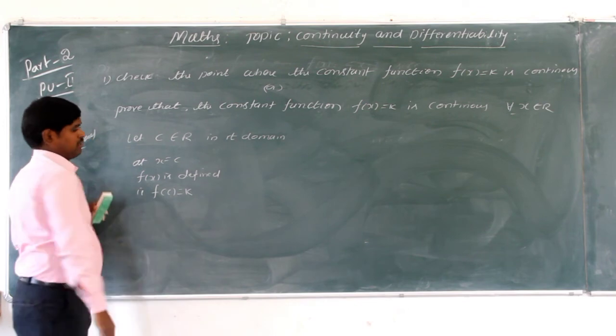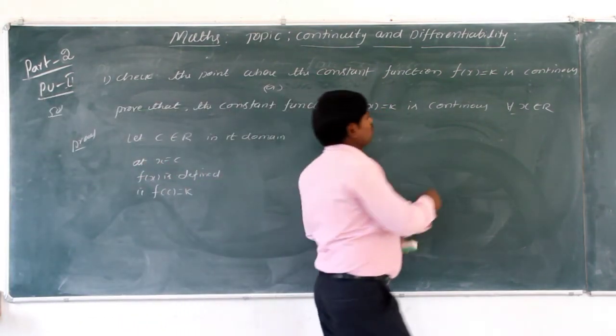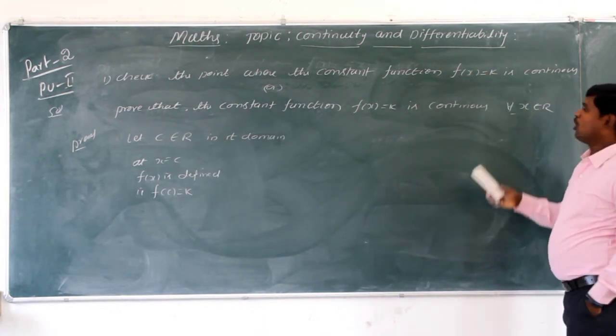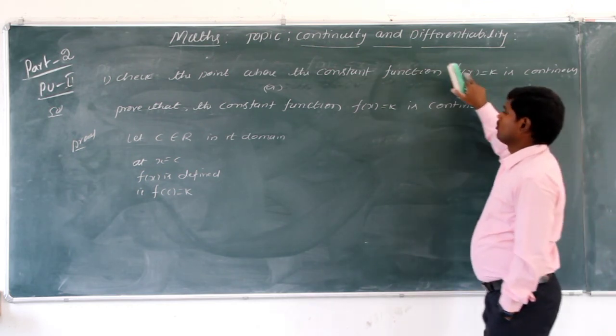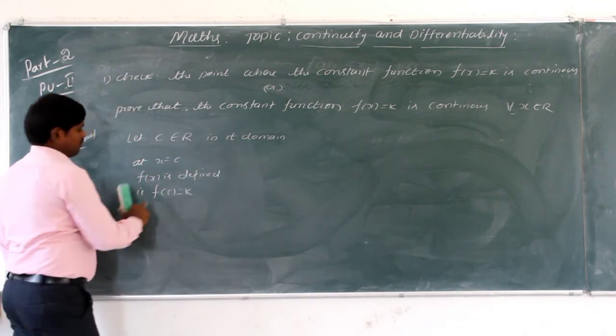Yes, f of c is k. Since it is a constant function, whatever the value you input, the output is the same. So k is the output. Therefore, at x is equal to c, f of x is defined.